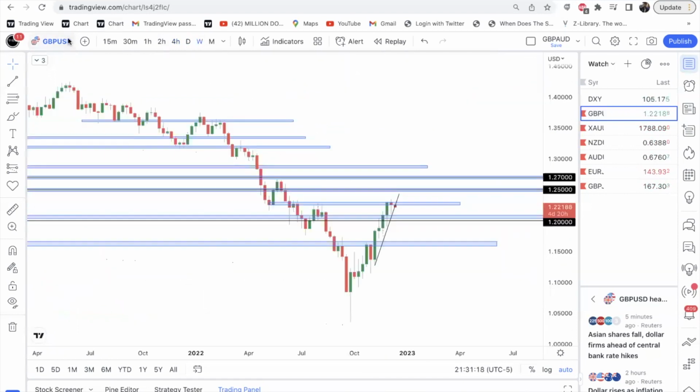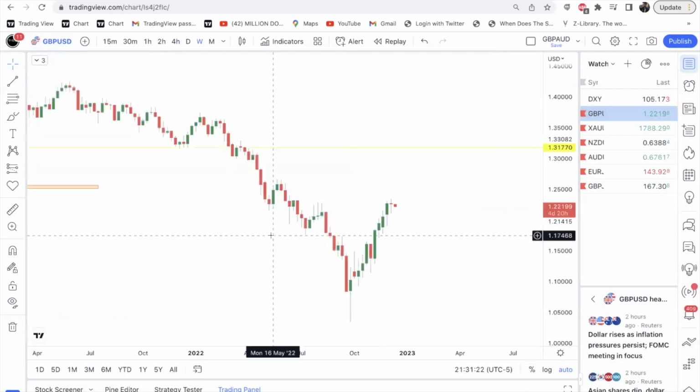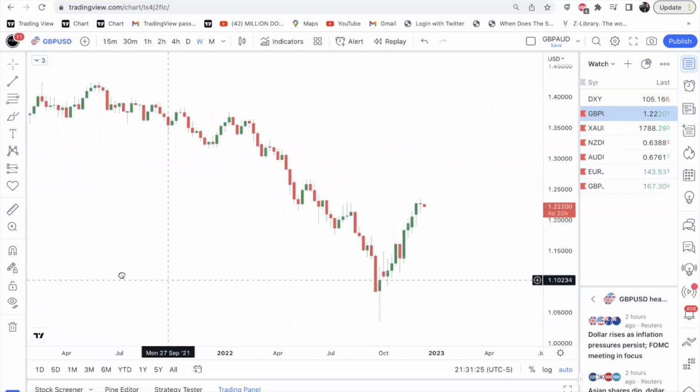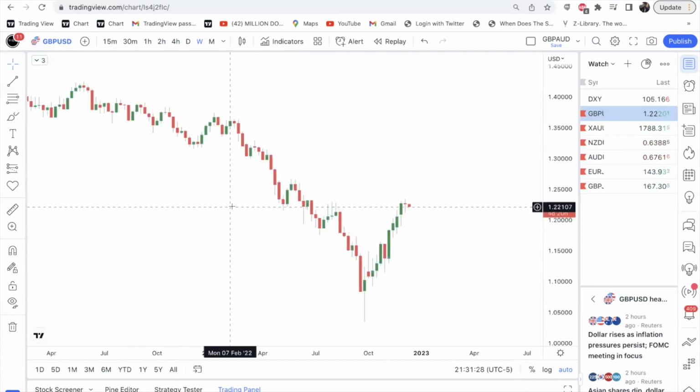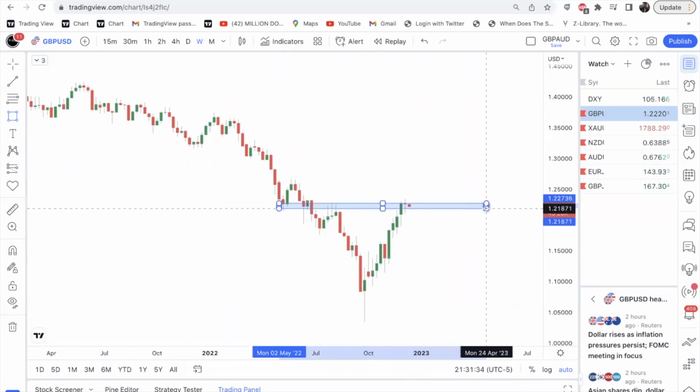So yeah, but just for this example, I'm going to pull up Forex.com. All right, so let me see. All right, so here, let's look at this scenario right here.